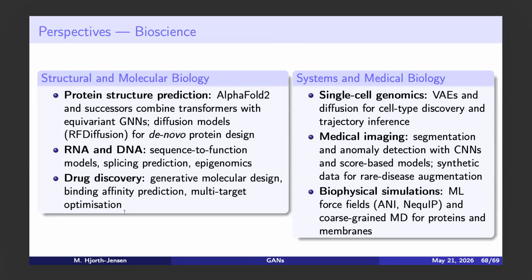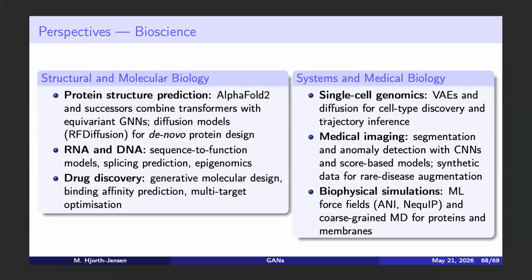If you move on to bioscience, there we also have a lot of activity in pharmacy. We have using these methods on drug discovery. We have that on RNA and DNA modeling. Protein structure prediction is actually the Nobel Prize in 2024 in chemistry.